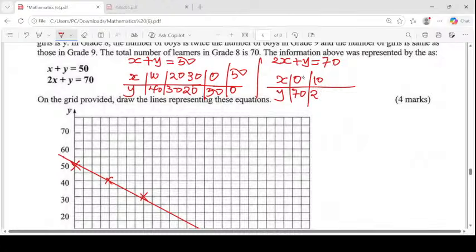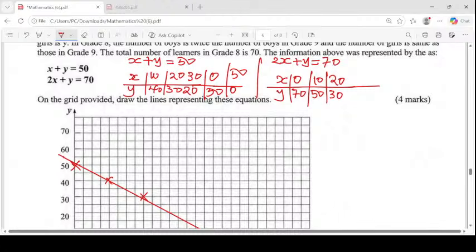Is it so? 20 plus 50 is 70. When x is 20, 40, y will be 30. Those ones are enough.